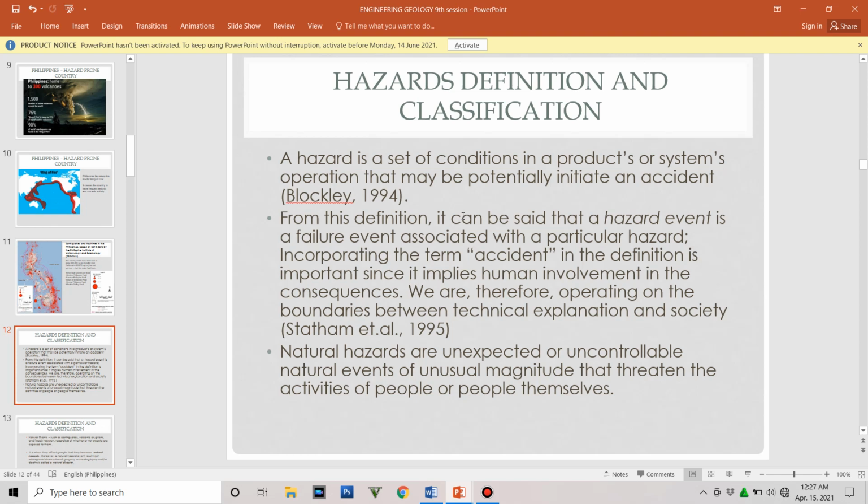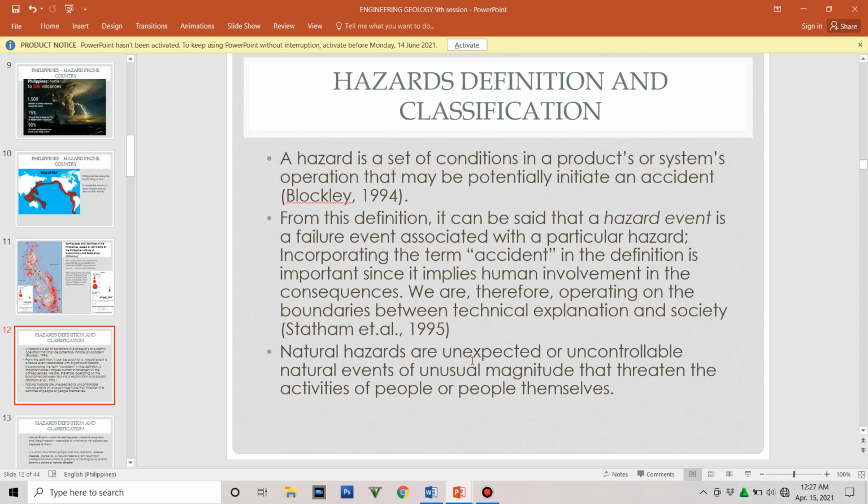Incorporating the term accident in the definition is important since it implies human involvement in the consequences. Okay? In short, before na maging hazard yan, there should be humans that are being affected by those events. We are therefore operating on the boundaries between technical explanation and society.